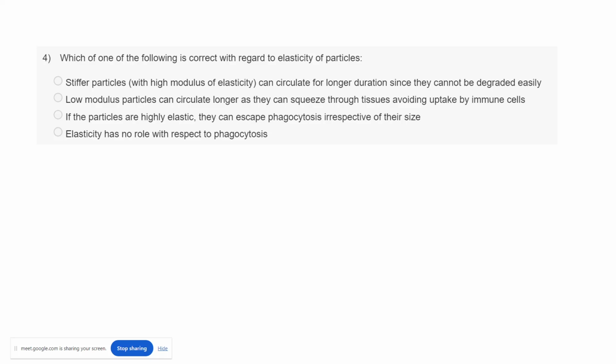If the particles are highly elastic, they can escape phagocytosis irrespective of their size, or elasticity has no role with respect to phagocytosis. Which of these options do you think is correct regarding elasticity of particles?